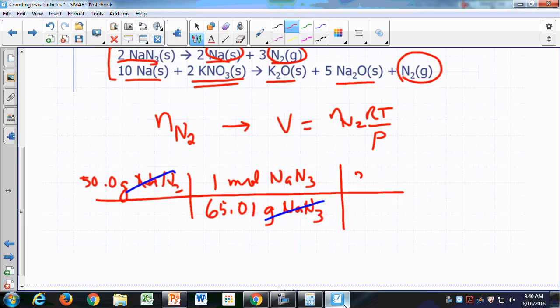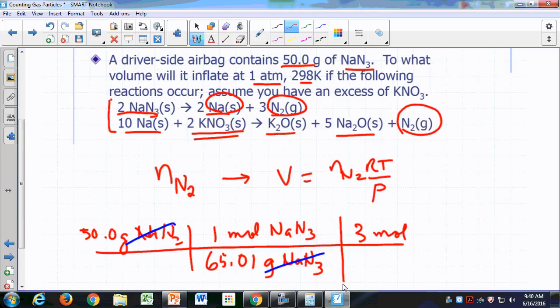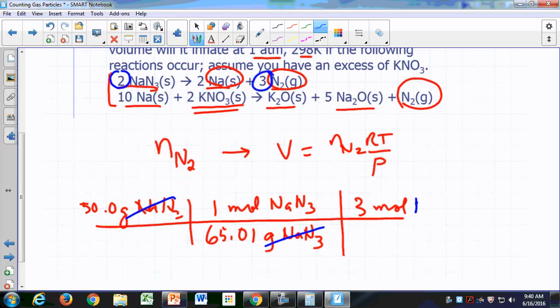So times 3 moles of N2. Your balanced equation says 3 moles of N2 for 2 moles of sodium azide. So 3 moles of N2 over 2 moles of NaN3.